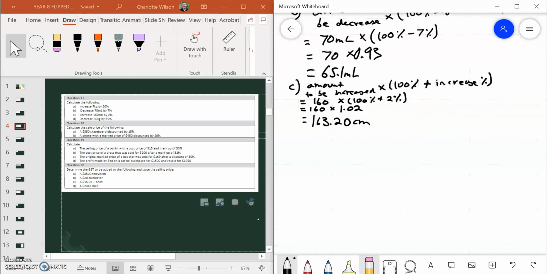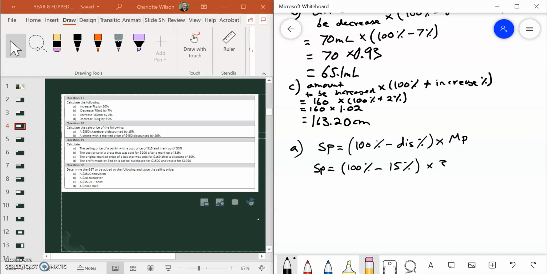Now, our next question here, it asks us to find the sale price. So for A, if we're wanting to find sale price, it's asking us after a discount. So our sale price is going to equal 100% minus the discount percentage times by the marked price. So here we've got 100% minus 15%, which is 85% of 350.